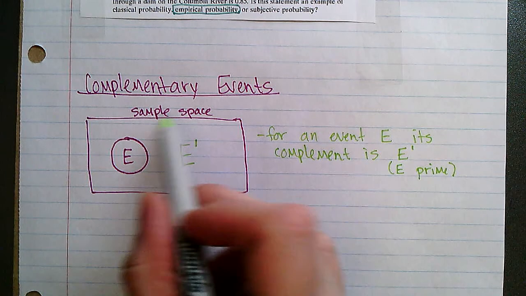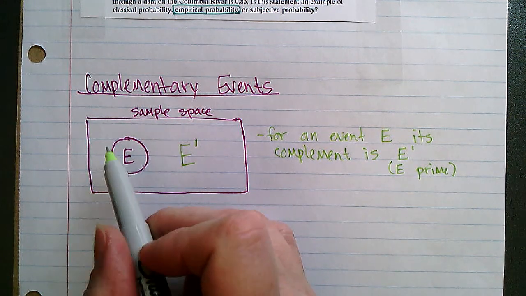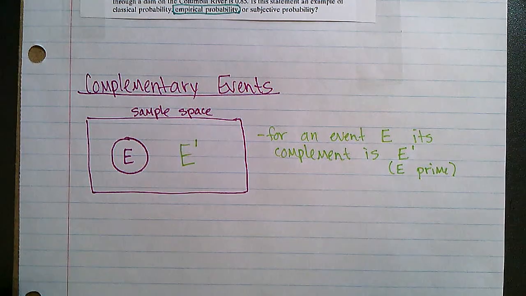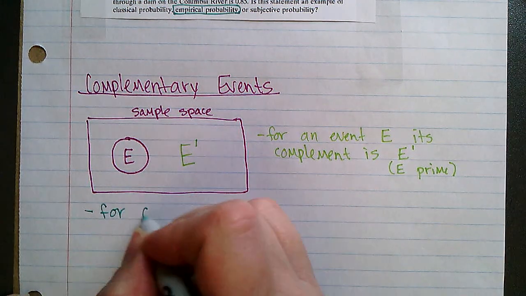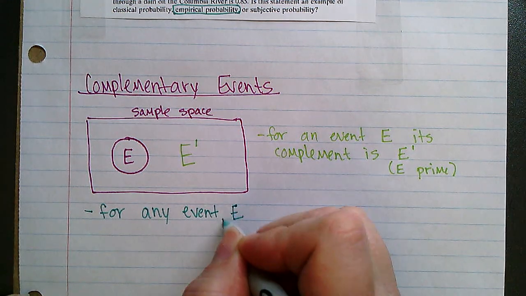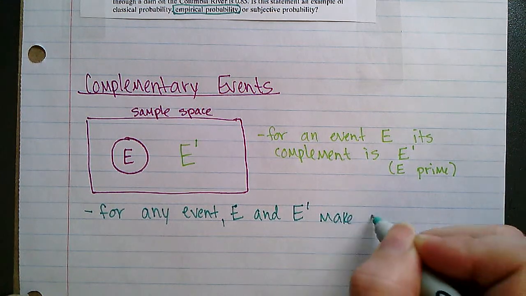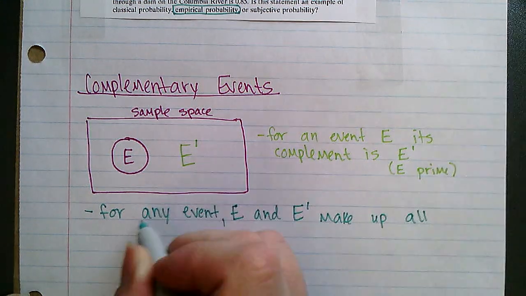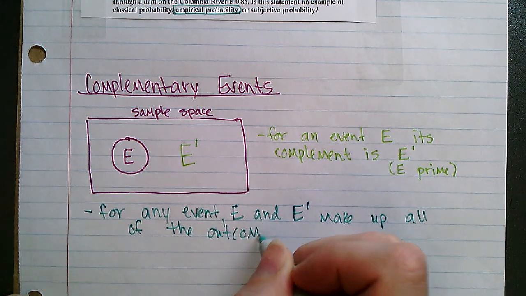As you can see in this sample space, E and E prime, which is everything outside of E, make up all of the outcomes in that sample space. So for any event, E and E prime make up all of the outcomes in the sample space.